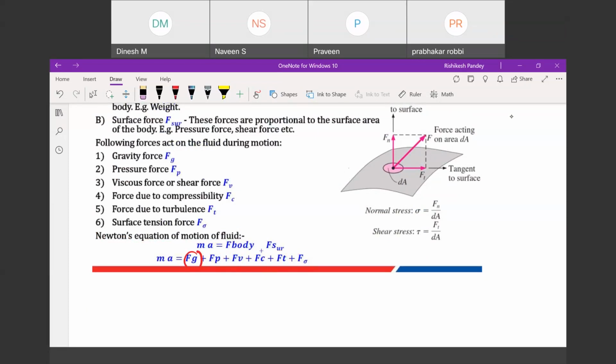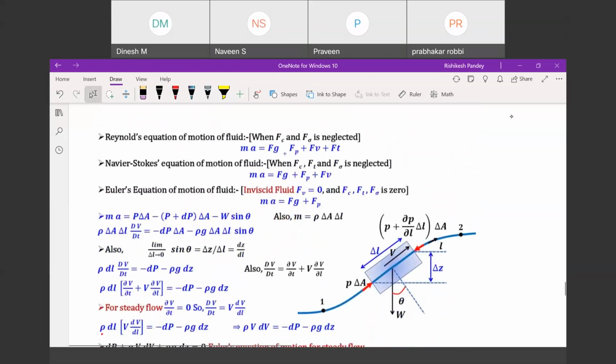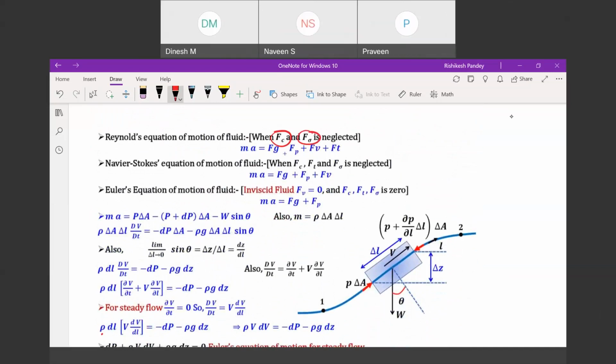Now, when we neglected force due to compressibility and surface tension, we got the Reynolds equation. After that, when we neglected the turbulence part, we got the Navier-Stokes equation. So this equation only we are going to see now.